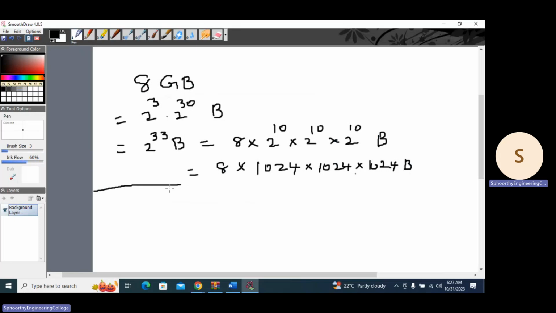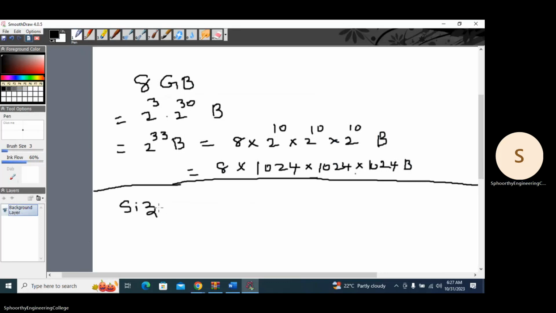Memory addressing is done based on the size of your processor. What do you mean by this? What do you mean by size of the processor?